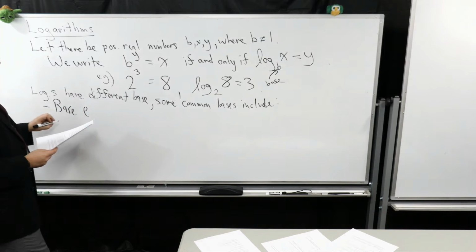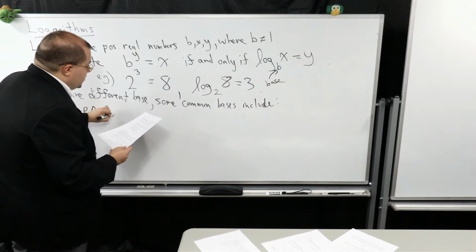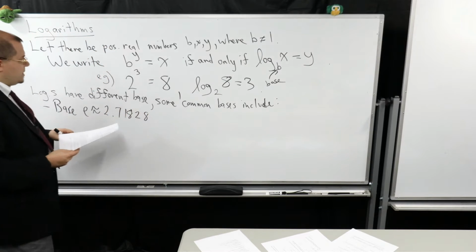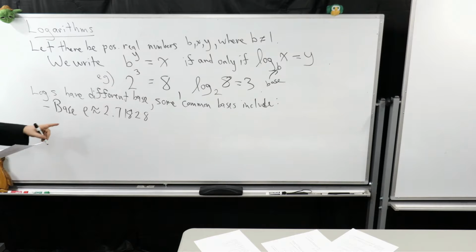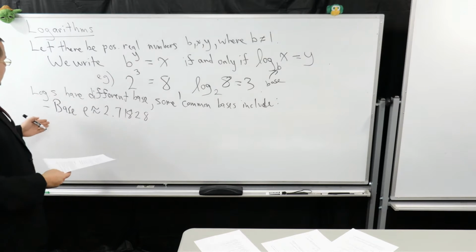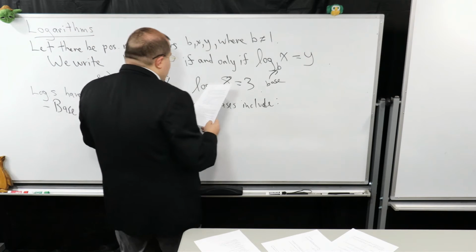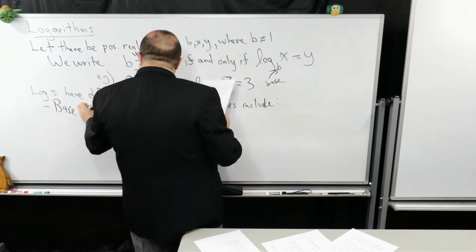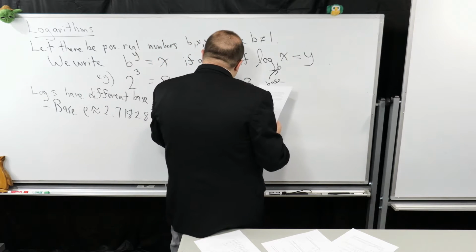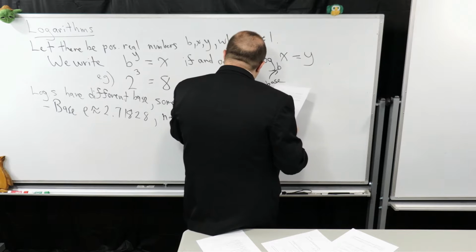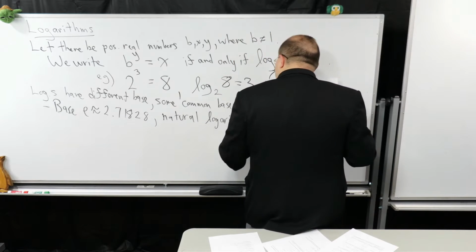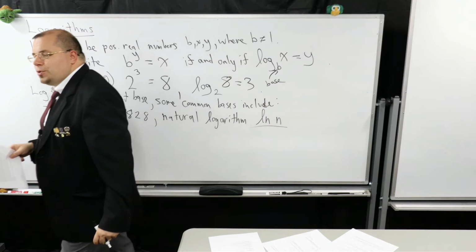You might know this constant. This is approximately equal to 2.71828, if my memory serves me correctly. I'm trying to do this off the top of my head. If we have this base, it's often known as the natural logarithm, sometimes written as ln of n, where n is the input.